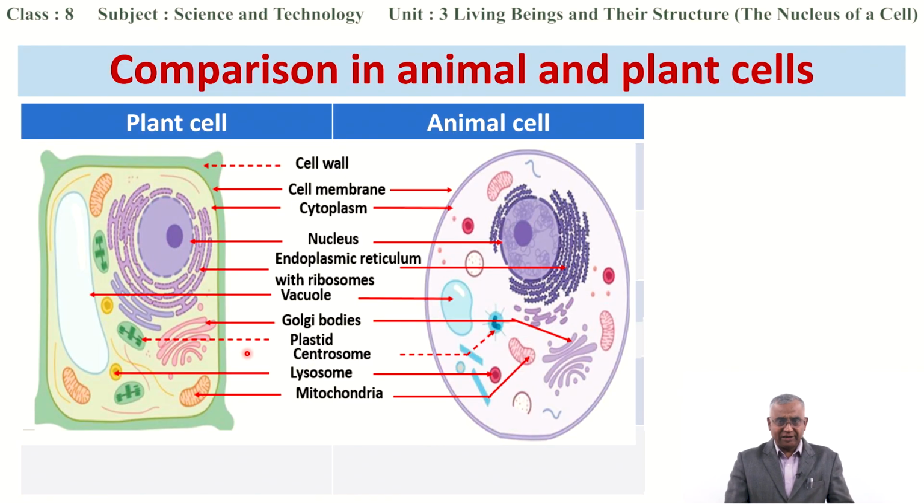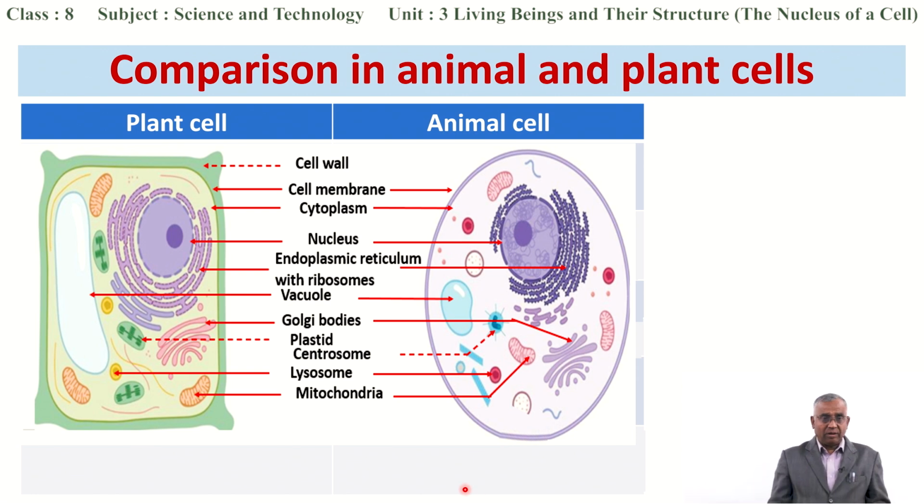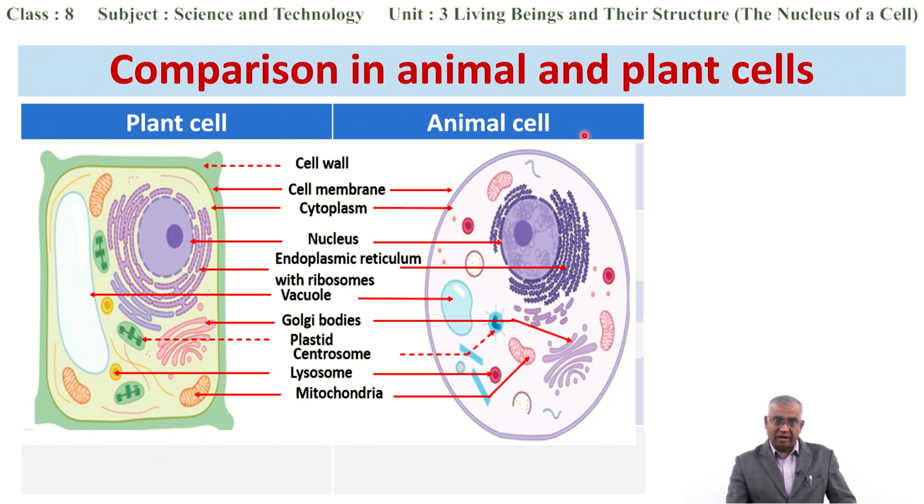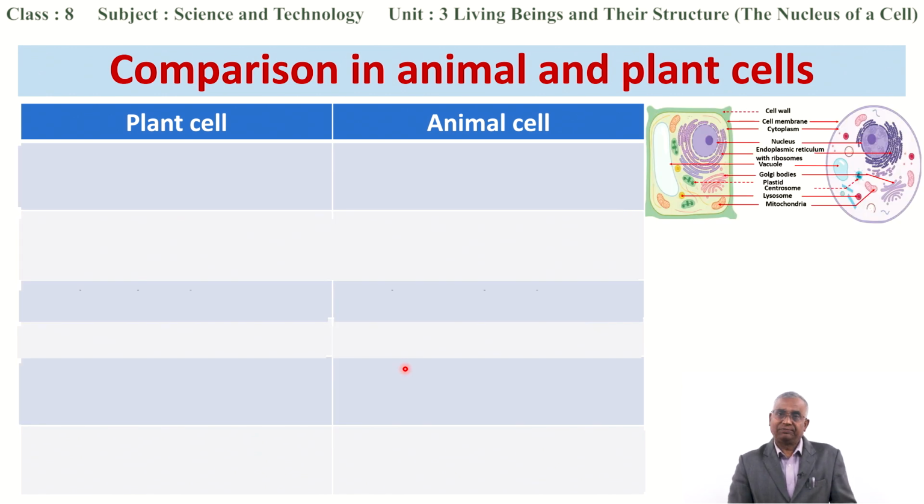You are familiar with it because you did one activity in a prior lesson in which you labeled all these parts. Now you have to identify the differences between them, and you have to make a table having plant cell and animal cell in two columns, and then write these differences in points. So let's start your work. Do your work.